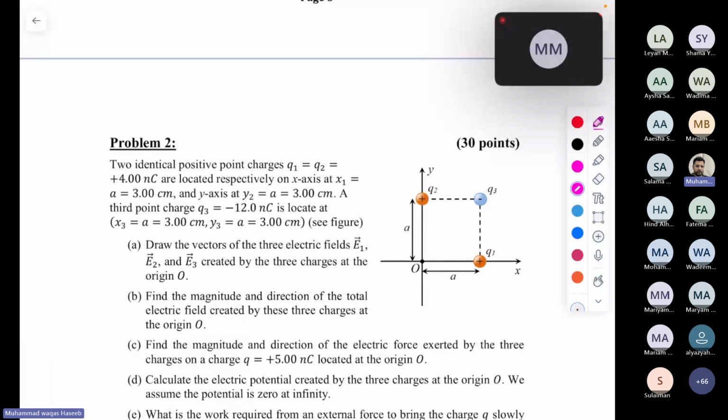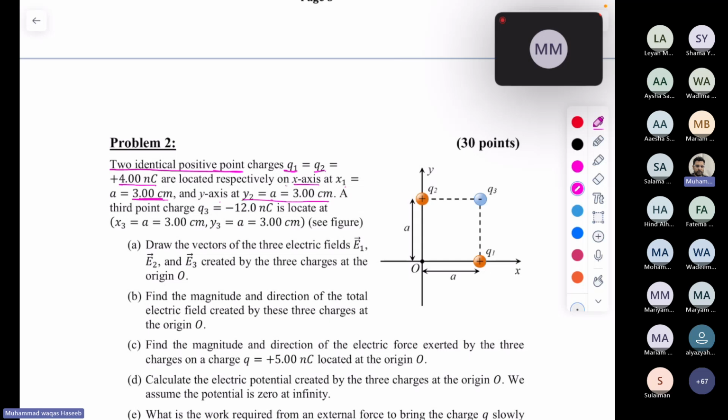The first problem is that two identical positive point charges, Q1 and Q2, 4 nanocoulomb, are located respectively on the x-axis at x1 is 3 centimeter, and on the y-axis at y2 is 3 centimeter.